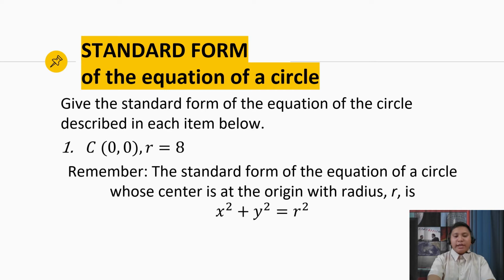Example number 1 has its center at the origin. So our answer would be x squared plus y squared is equal to 8 squared. Okay, correct.